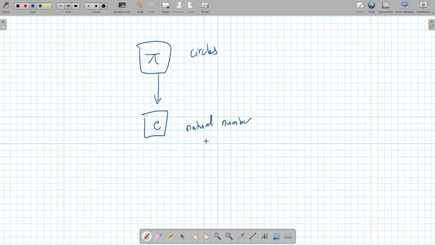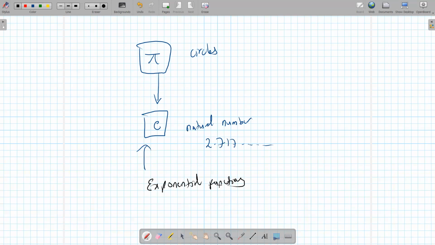It has a value, again another irrational number, of 2.717 something, and it goes on forever like pi. This one is used in exponential functions.